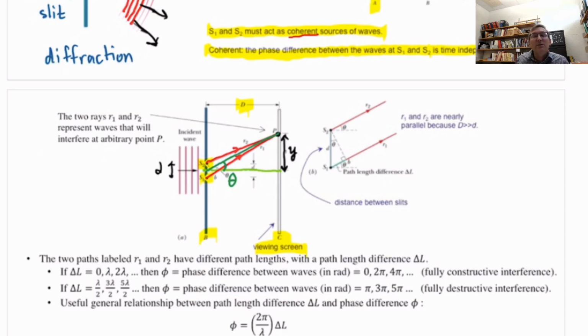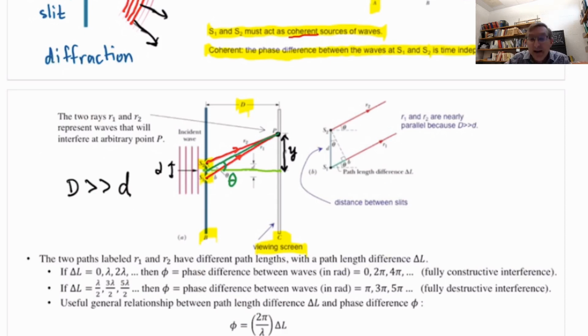And we are always going to do this experiment so that the distance big D is much larger than the distance little d between the two slits. Okay? So we are always going to be assuming that big D is much, much larger than little d. This drawing doesn't really show that. So it's not quite realistic in that sense.